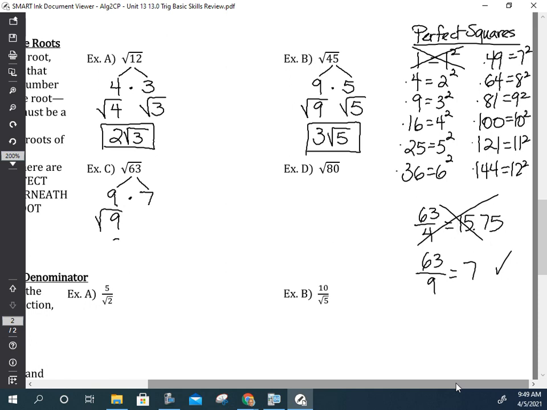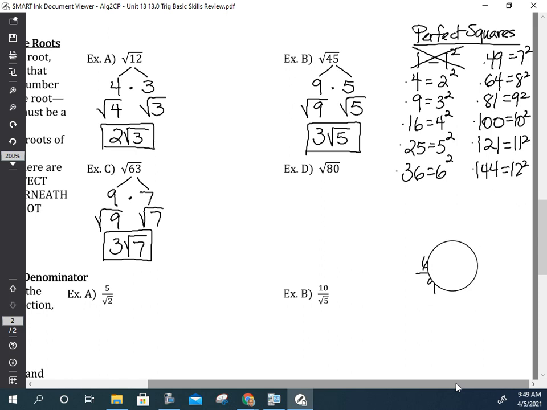Square root of 9 is 3. Square root of 7 can't be broken down anymore. Again, there are certain numbers that won't break down anymore. I'll write those out in a second.